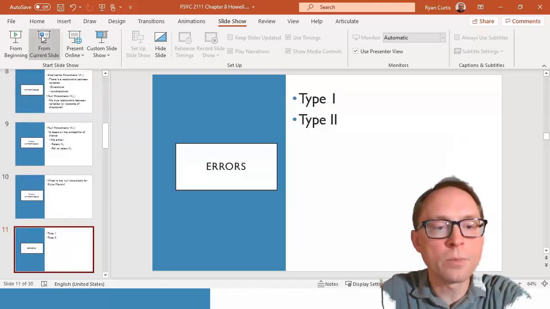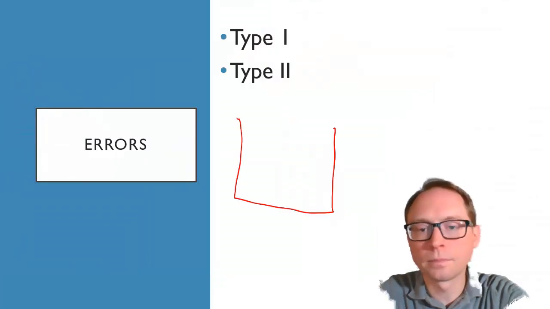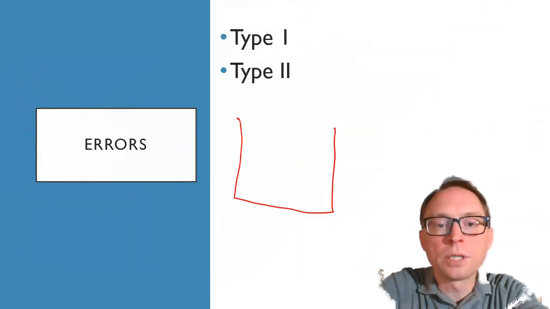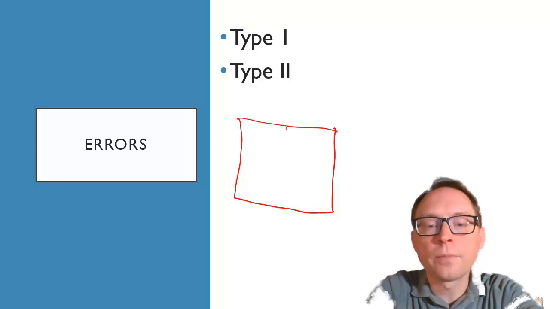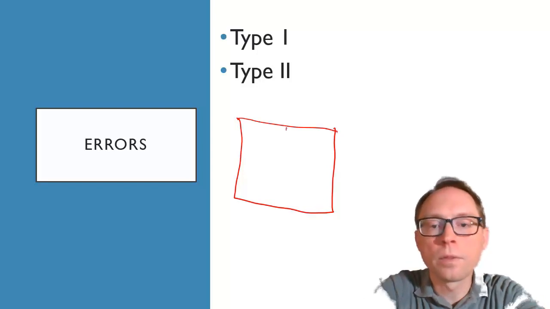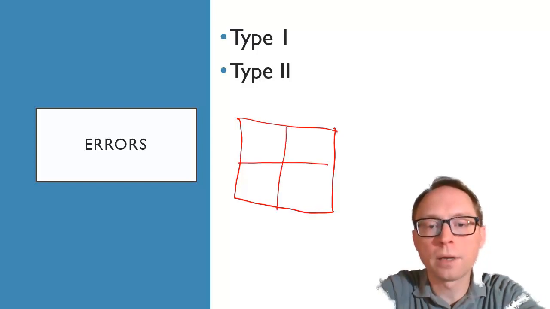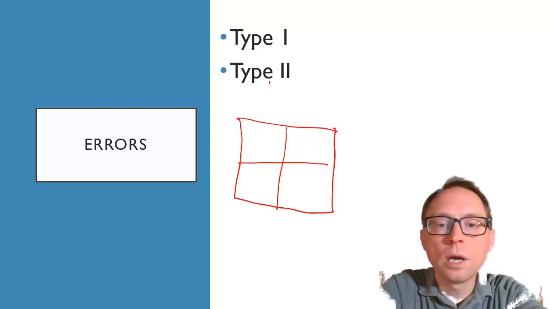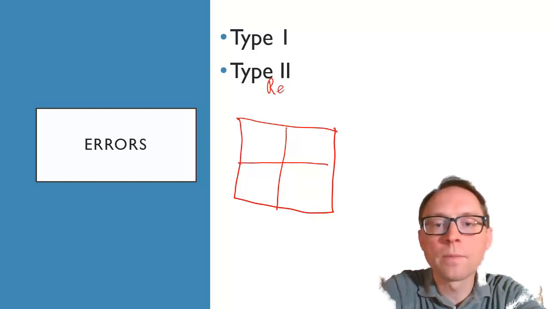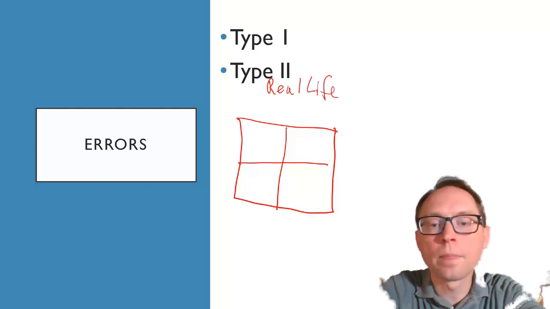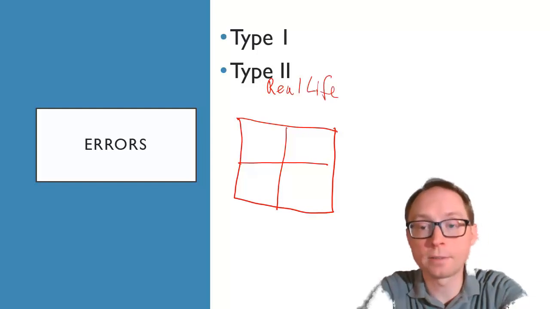Type 1 and type 2 error. We are going to draw this box right here. Up here, this is real life. Let's use my example with glasses.